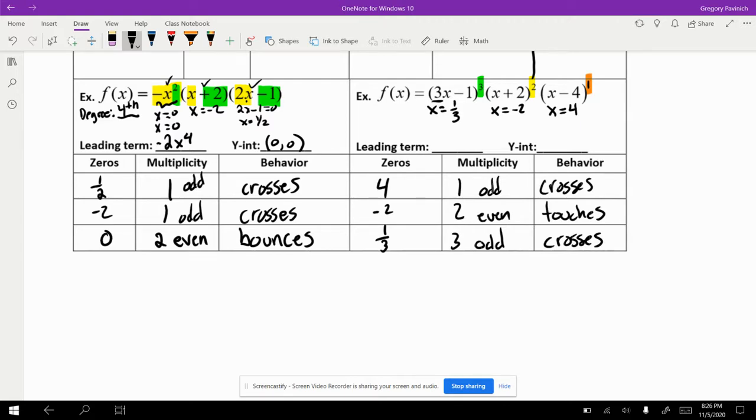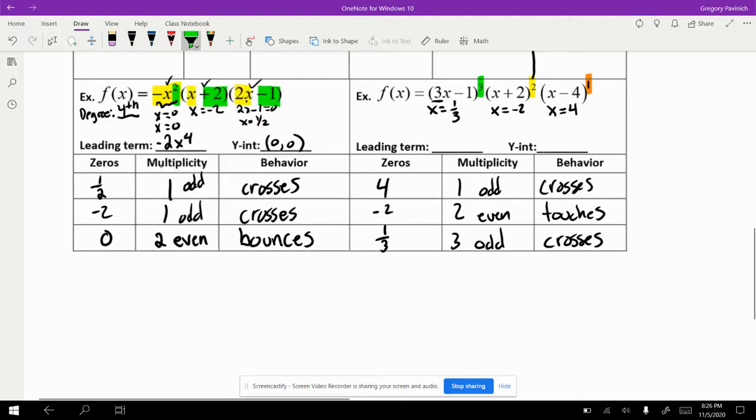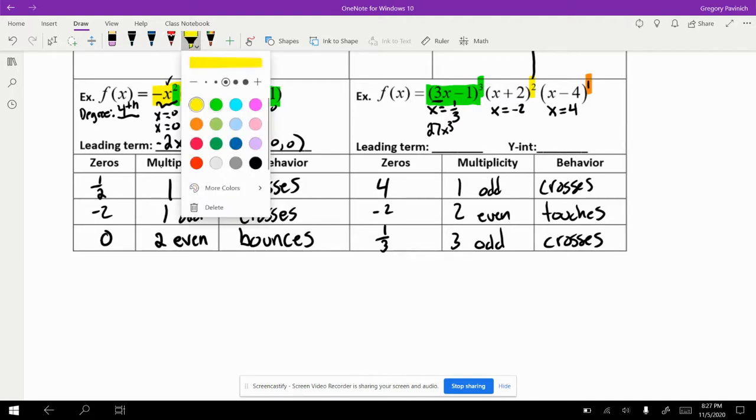Okay, so my leading term this time is tricky. Here's why. This first factor that I have written in green doesn't just occur once, it's occurring 3 times. So this one is going to be 3x times 3x times 3x, which is going to give me a term of 27x cubed. That's its first. This one in yellow occurs twice.